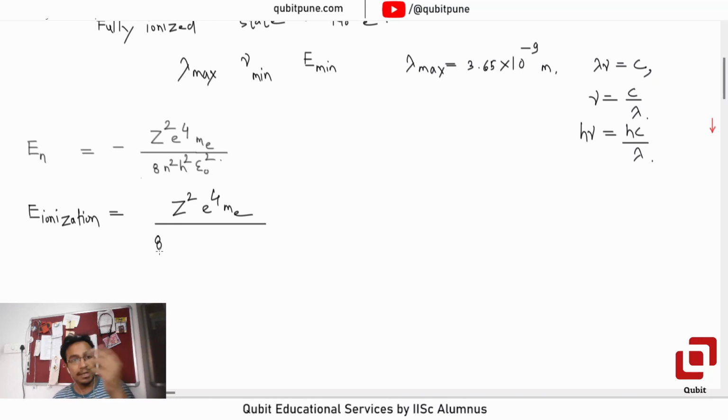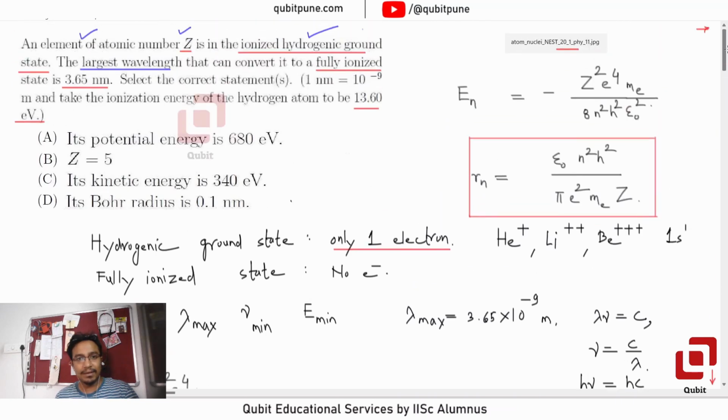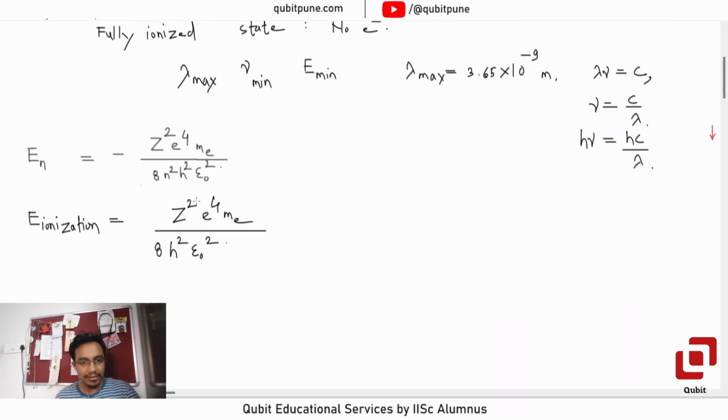There is no need to write n squared now, because that has become infinity, so only n equal to 1 will remain, h squared epsilon naught squared. Now the good news is that they have already given us the ionization energy of hydrogen atom, which means this part is already ready with us.